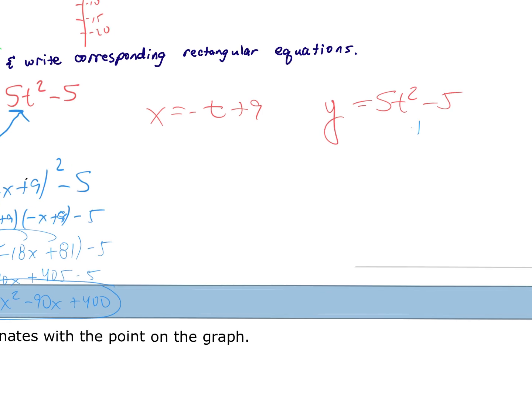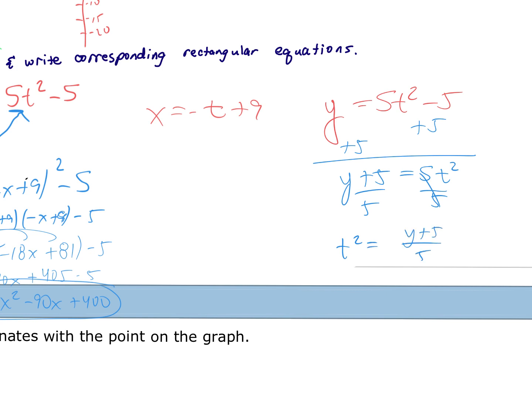What would you do to both sides? You'd add 5, correct? So y plus 5 equals 5t squared. Then what? Divide by 5, fine. So t squared equals (y plus 5) divided by 5. Now what? How do you get t by itself?